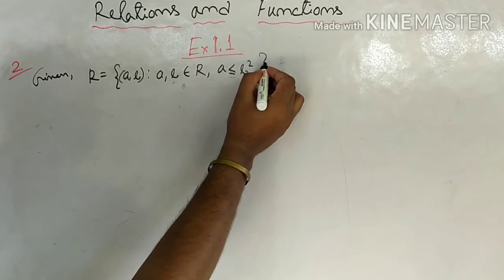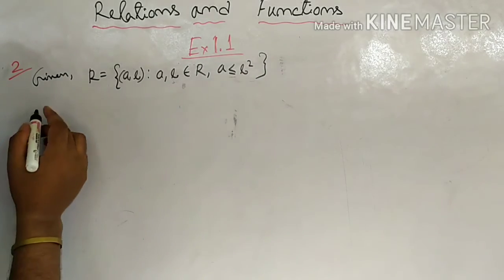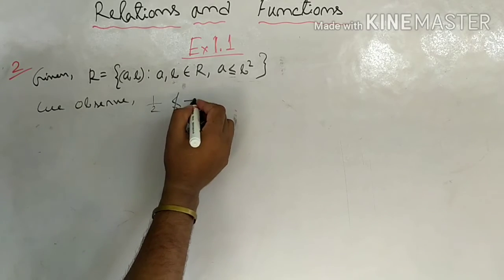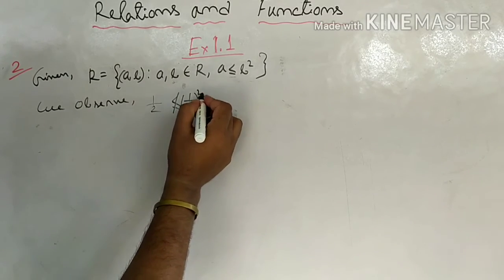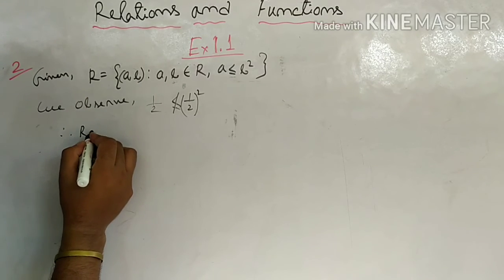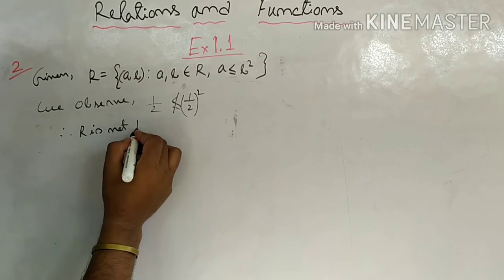So we observe one example that half is not less than or equal to half square. Therefore what? R is not reflexive.